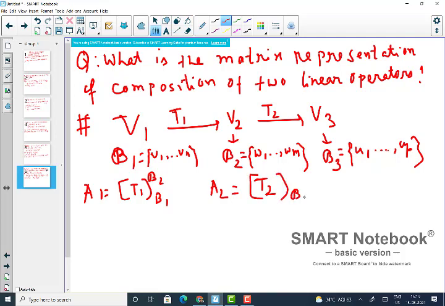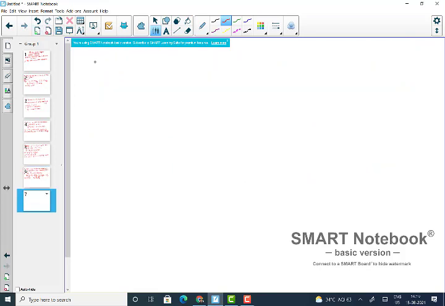Suppose this is known to us, then what will be the representation of the composition T2 compose T1?